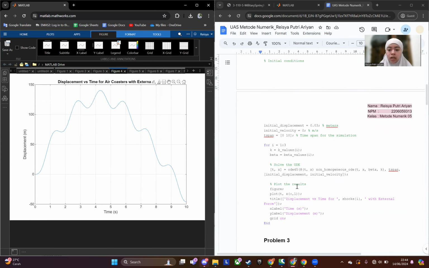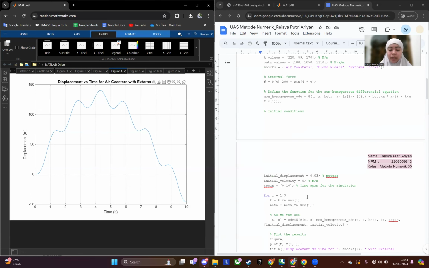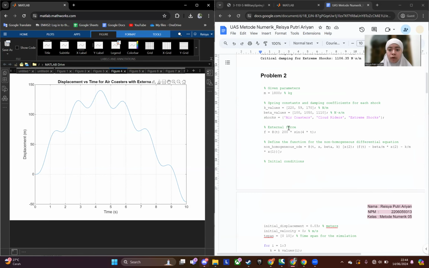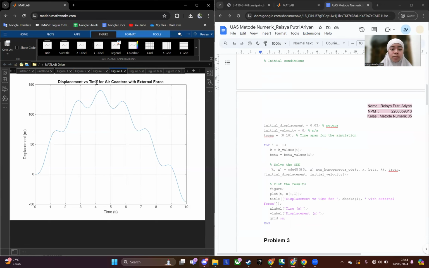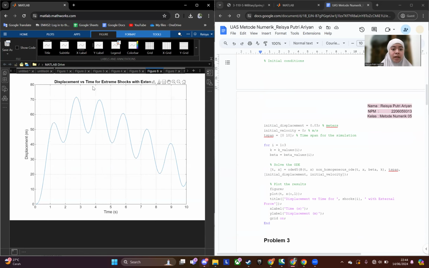We solved the ODE and plotted the result, and we got the results for Air Coaster, Cloud Riders, and Extreme Shock. The displacement versus time for Air Coaster with external force is like this, the displacement for Cloud Riders is like this, and the displacement for Extreme Shock is like this.